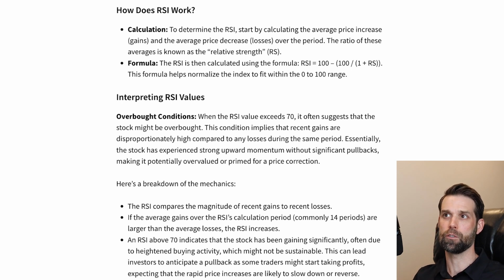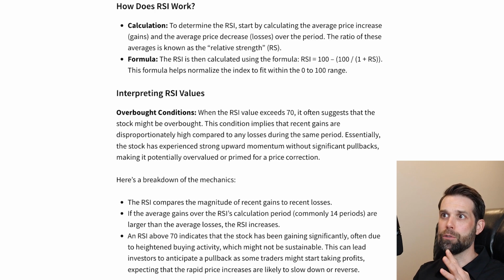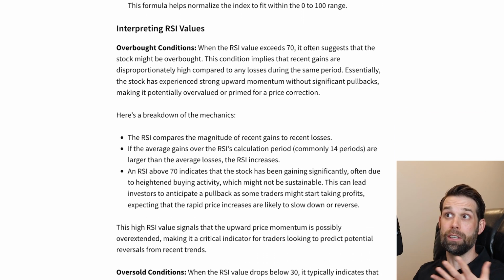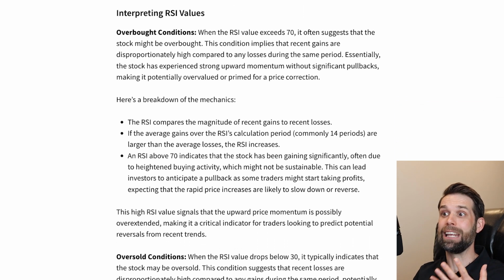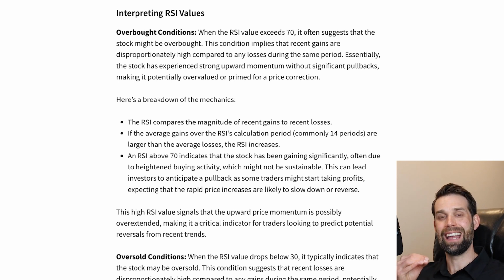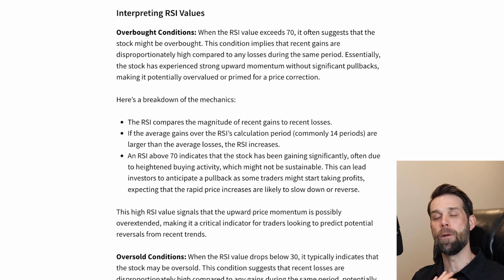and the price movements of a stock. So when you interpret these values, you're going to get what is called an overbought condition, or you're going to get an oversold condition. When this RSI value is above 70, what that suggests is that the stock might be overbought.